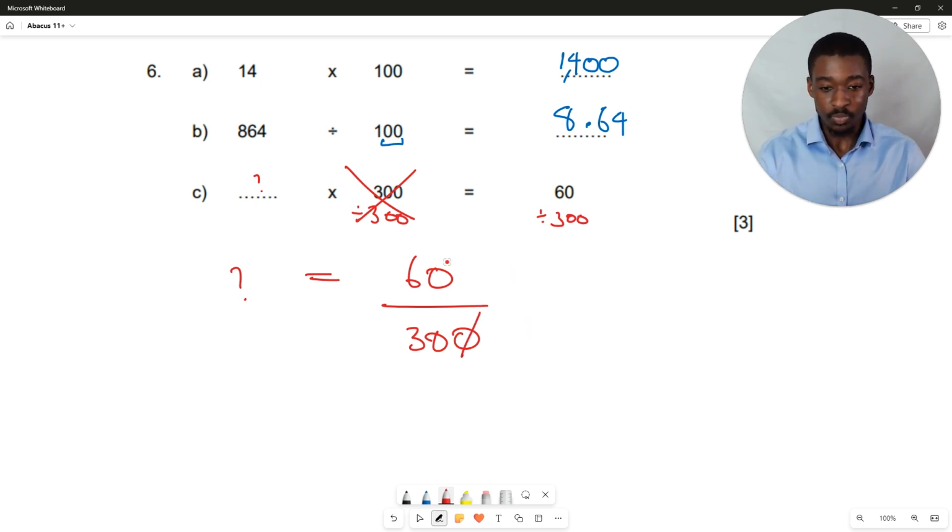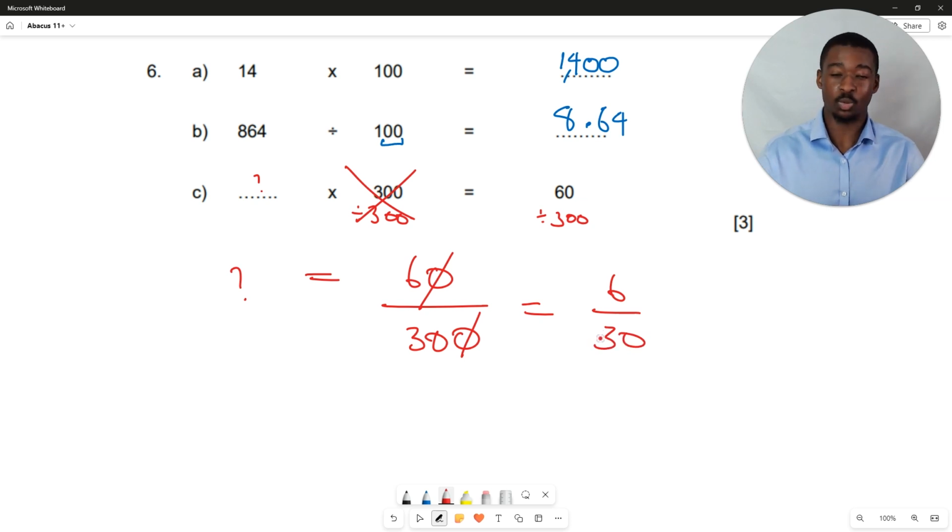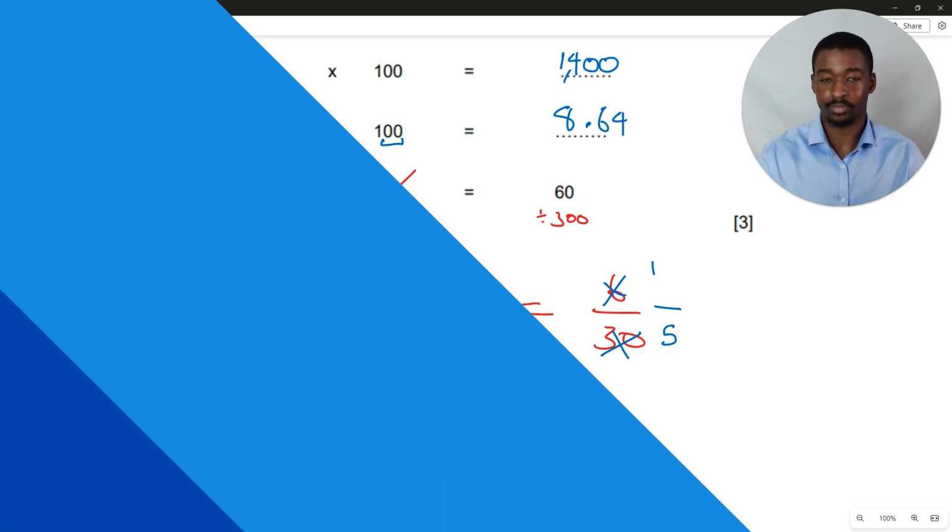So take out the common factor of 10, very easy one to take out. We have 6 over 30. And then we can take out the common factor of 6. And here your times tables will always help you out. So 6 goes into 6, let's switch color, once. And 6 goes into 30 5 times. 6 times 5 is 30. So we have 1 over 5. So our question mark, our answer, is a fifth, 1 over 5.